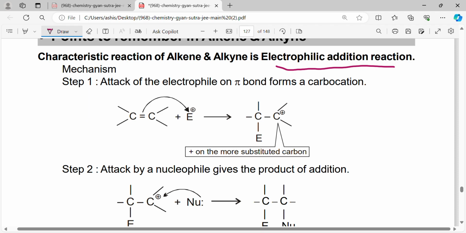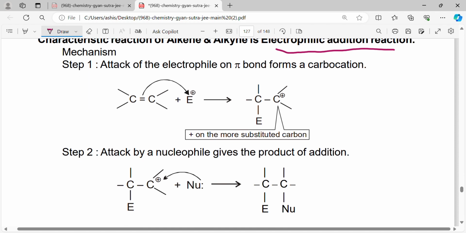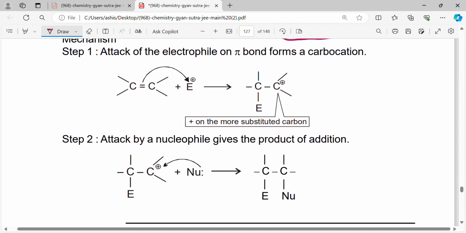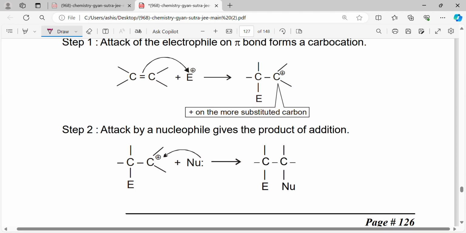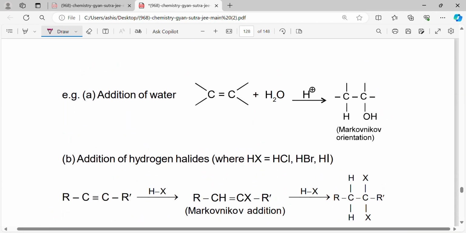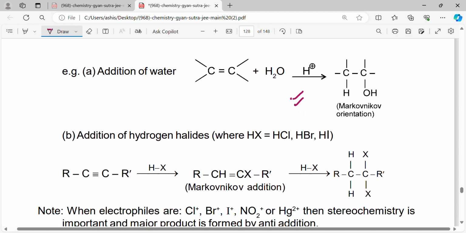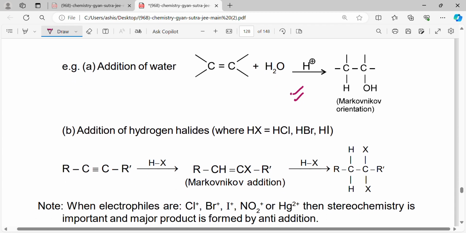Points to be remembered in alkenes and alkynes. The characteristic reaction of alkenes and alkynes is electrophilic addition reaction. In electrophilic addition reaction, the electrophile will attack the alkene. So there is a formation of carbocation. After that, the nucleophile gives us the product of addition. For example, addition of water.